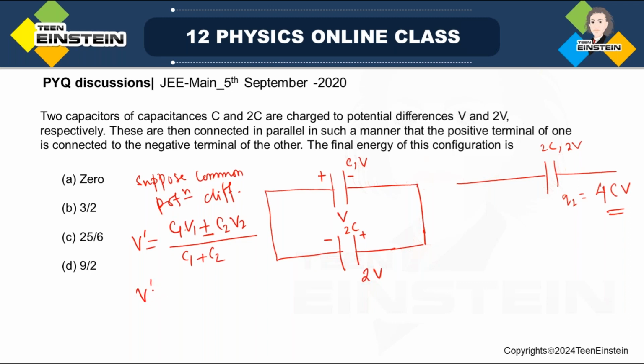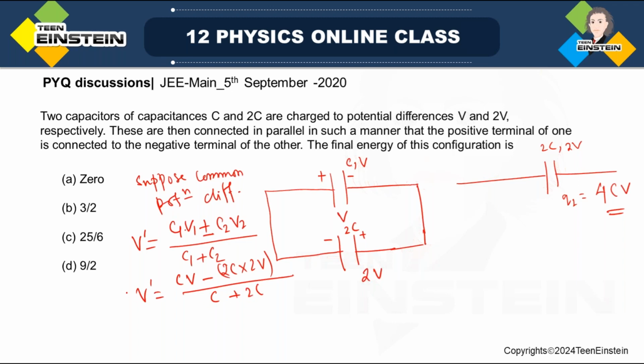So in this case, what is V prime? C1 V1 is CV minus 2C and 2V, divided by C1 plus C2, which is C plus 2C, so I get 3C.